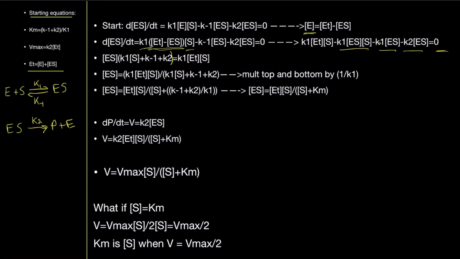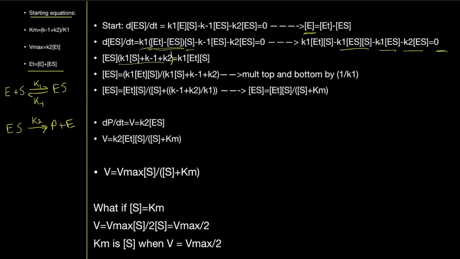So now we just want to get the enzyme substrate complex concentration onto one side by itself. So we're going to divide this term here by this term. What we have is K1 times the total enzyme concentration times the substrate concentration divided by K1 times S plus K negative 1 plus K2.